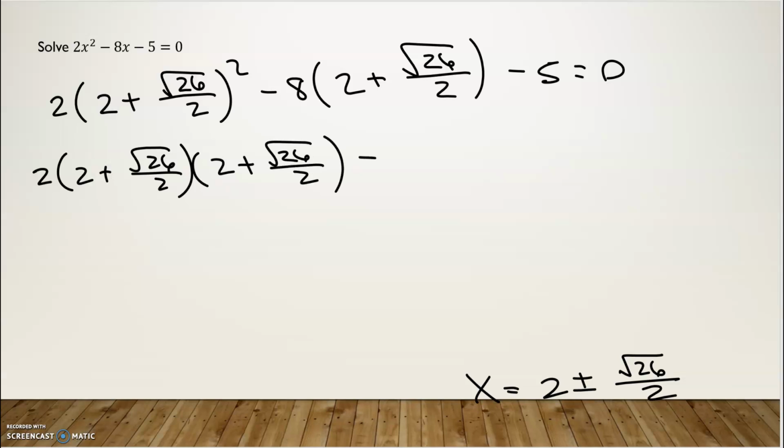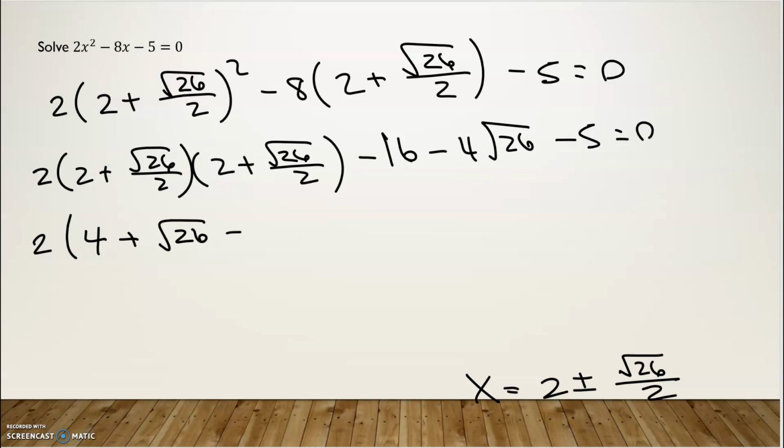Okay, this will be 8 times 2 is 16, minus half of 8 is 4, square root of 26 minus 5 equals 0. Okay, this is going to be 2 times 2 is 4, plus 2 times square root of 26 over 2, that's just square root of 26, plus square root of 26 over 2 times 2, square root of 26, square root of 26 over 2 times itself.